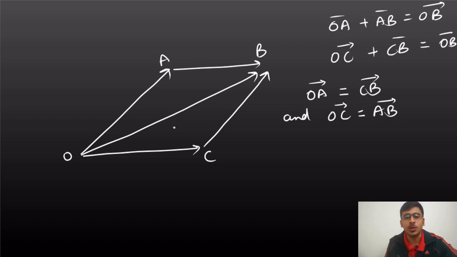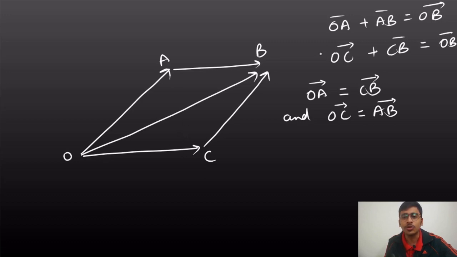These two vectors are equal. They are not co-initial, but they are equal. How can we say it's equal? Because we can essentially pick and place vectors. See, we are not changing its direction, nor are we changing its length. So these two vectors, AB vector and OC vector, are equal vectors, but they are not co-initial vectors.